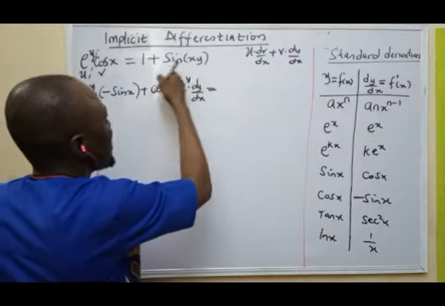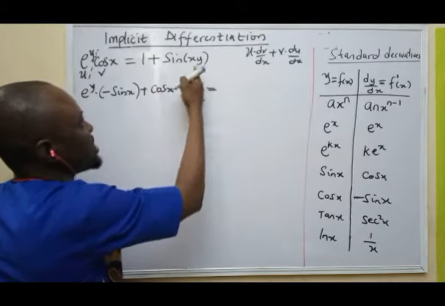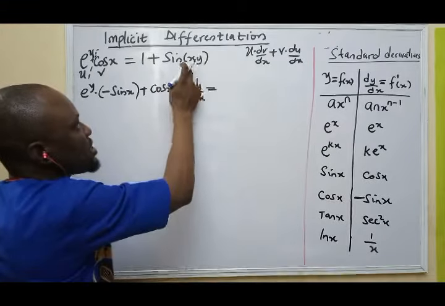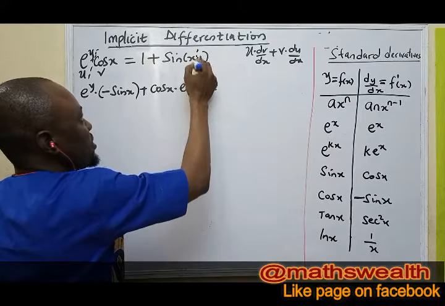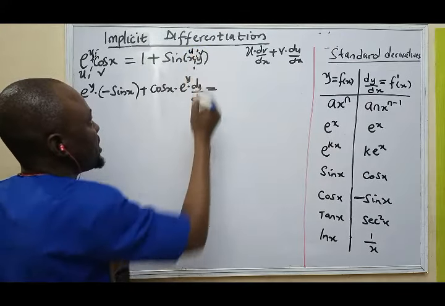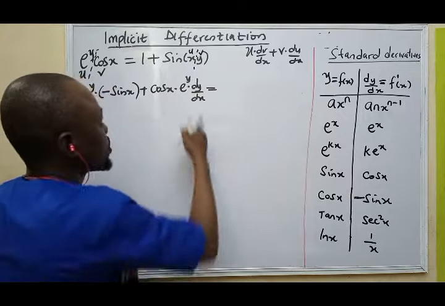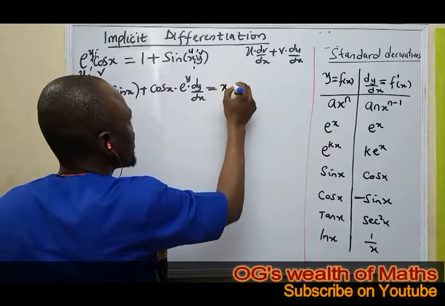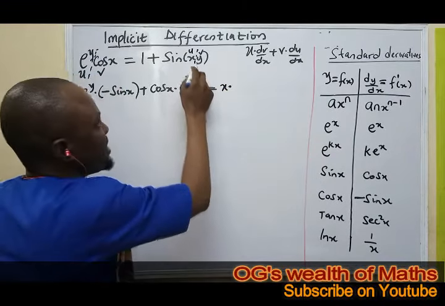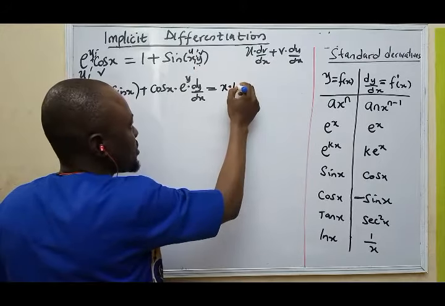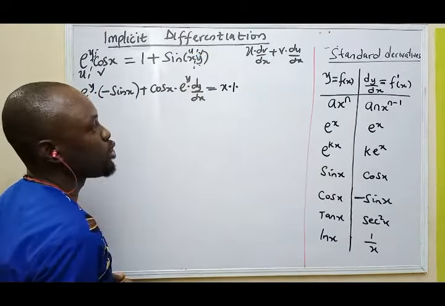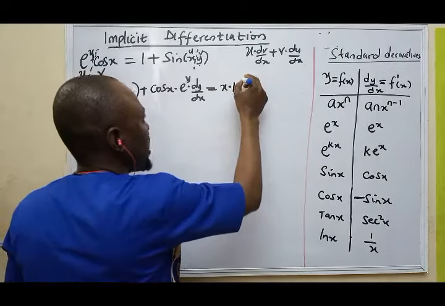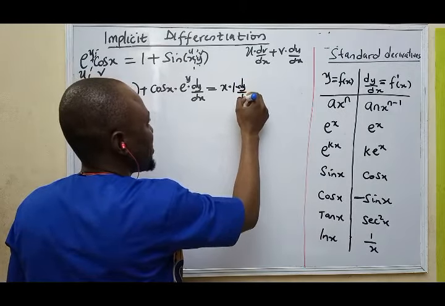Now sine xy is a function of xy, but it is in the form of a product, so I'm going to break this down as well into u and v and use the product rule. This is u, x, dot the derivative of y, which is 1. Because I'm differentiating with respect to y, I multiply my result by dy/dx.